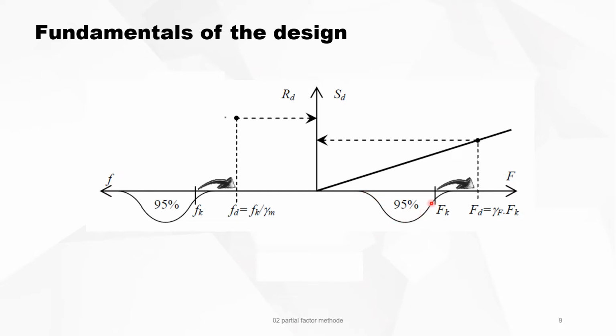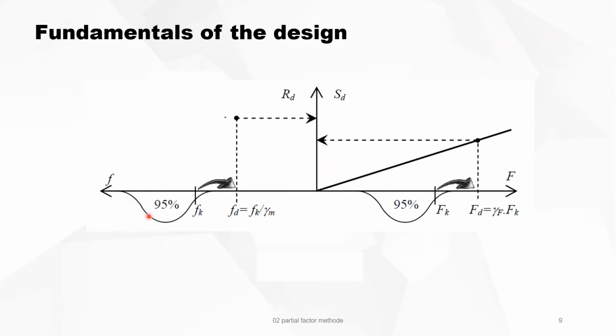The load, in fact, is not one particular figure. The load is a probability distribution. And you have a mean and a standard deviation. We take the 95% exceedance, multiply it by the safety coefficient, and we have the design value. And this design value we will compare with the resistance of the structure.